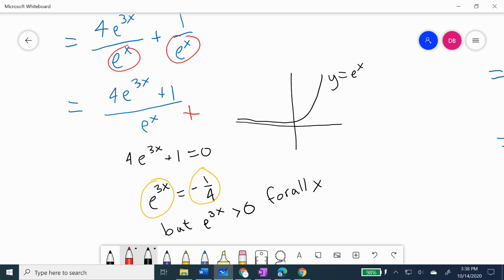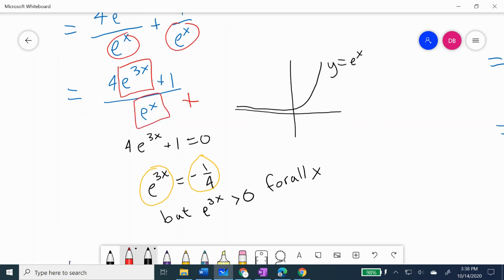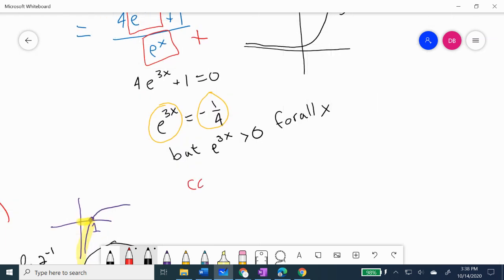Well, exponential functions only are positive. So positive number times 4 plus 1 divided by positive number, the second derivative is always positive. Therefore, it is concave up for the entirety of its domain, which is all real numbers. It's never concave down. There are no points of inflection.